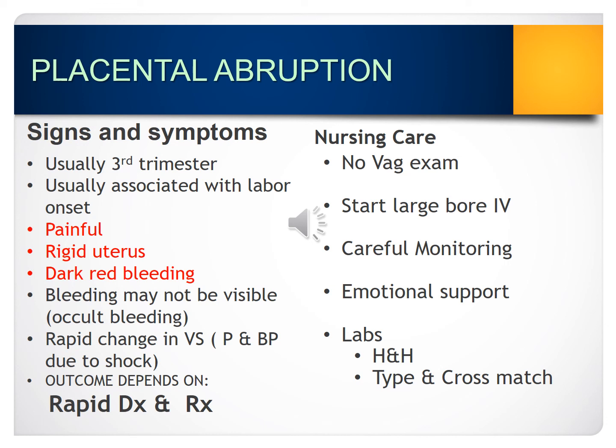And so as it separates, by the time it reaches the vaginal area and comes through the external os of the cervix, it's dark red, it's old blood. And so a painful, rigid abdomen with or without some bleeding, and if there is bleeding, it's dark red, would signal a placental abruption.